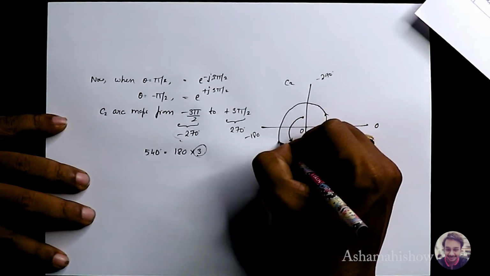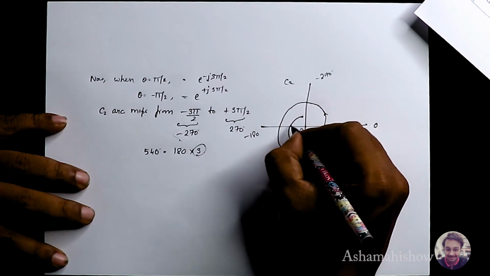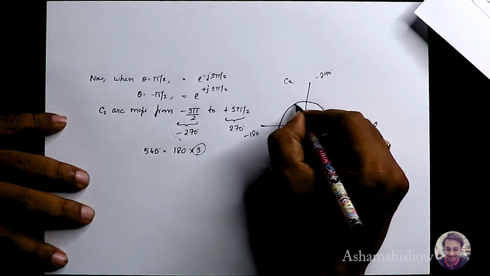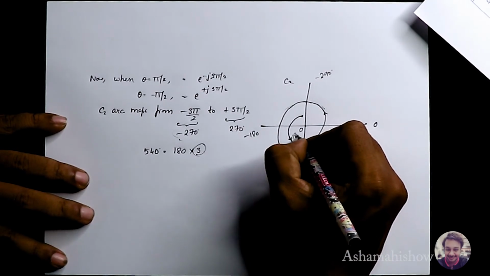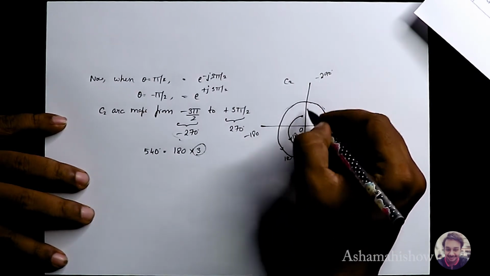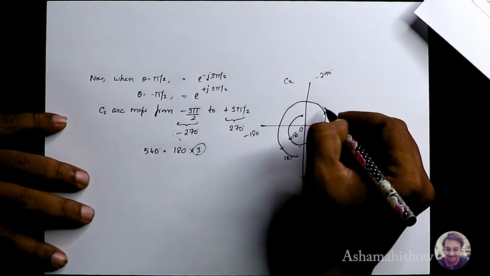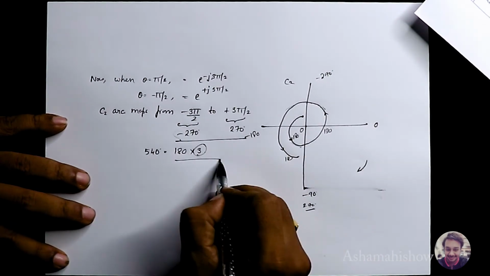And from here I'll make another encirclement, which is 3. So how many encirclements did we get? 1, 2 and 3. This is 180, this is another 180, this is another 180, and see, your plot started at minus 270, it encircled and came to 270. So this is proved.